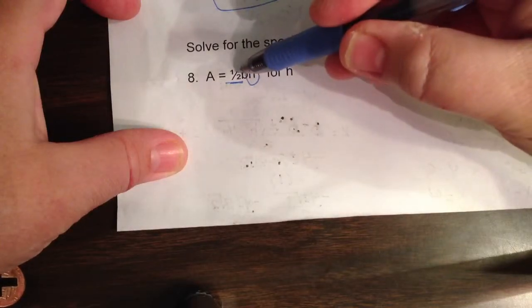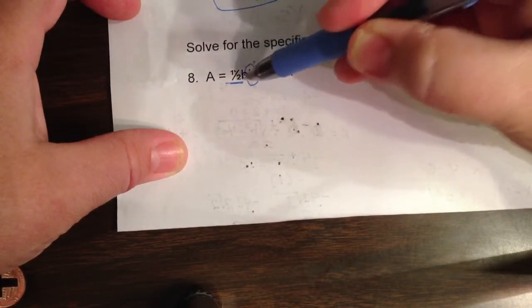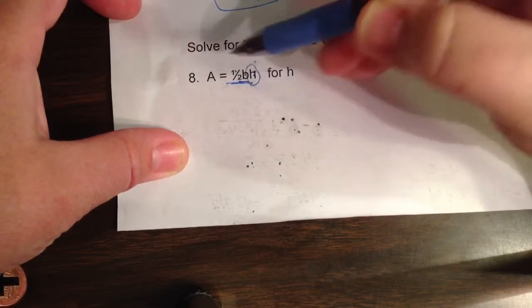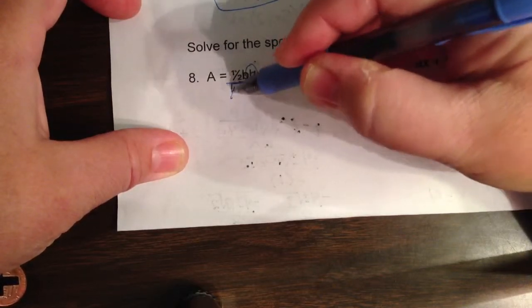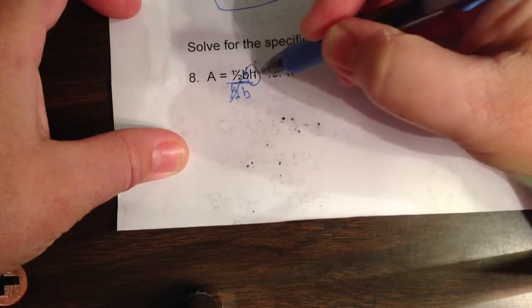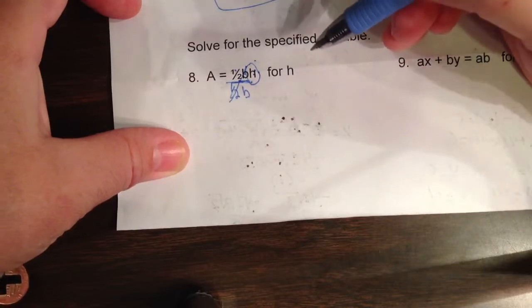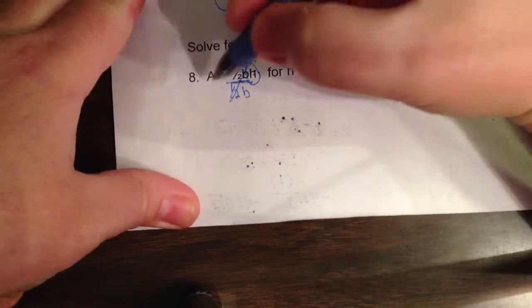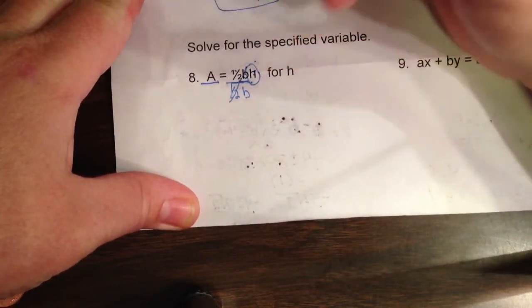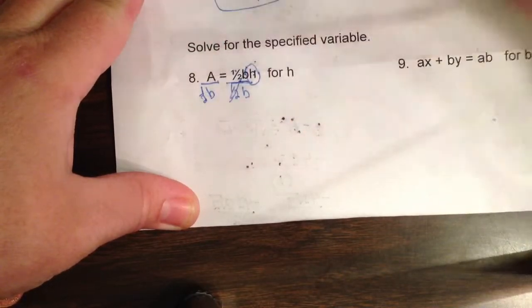Okay, so 1/2 is being multiplied, b is being multiplied, so the opposite of multiplication is division. So if I divide by 1/2 b, then that leaves me just h. But as you know, you can't just arbitrarily start doing some math here. Okay, you have to keep things in balance. So on this side, that would be 1/2 b as well.